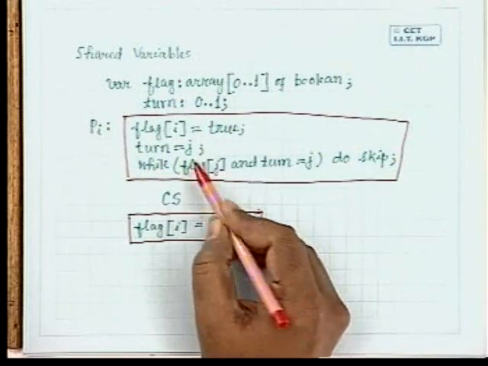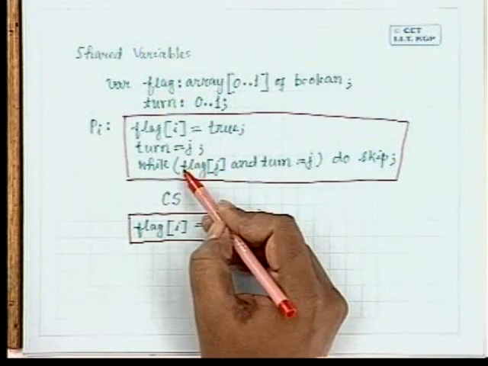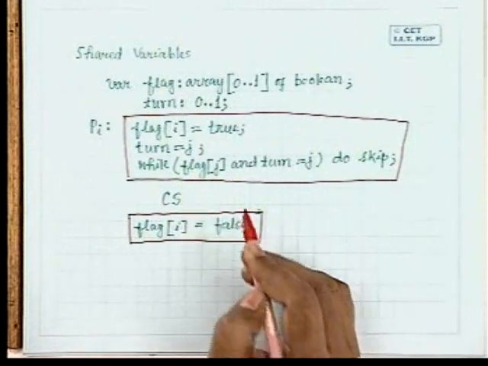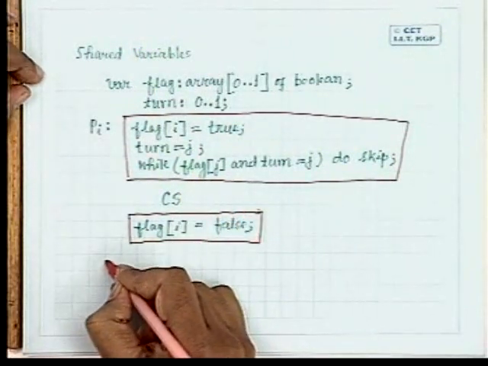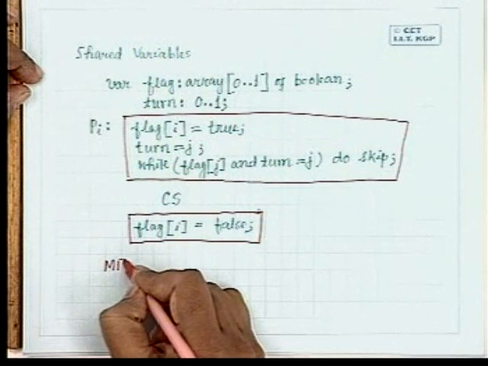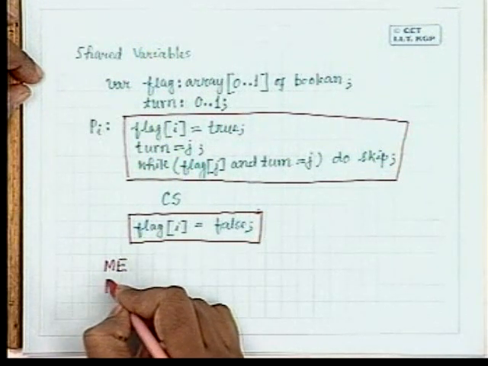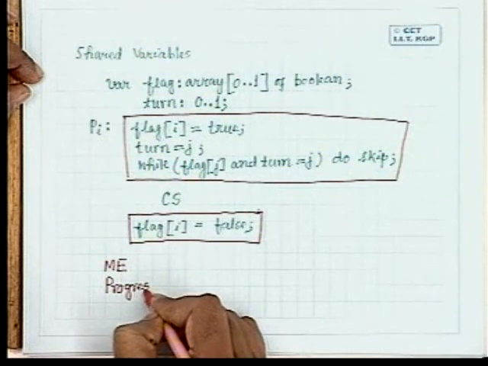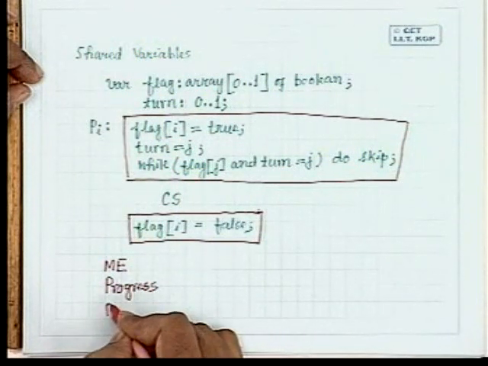So you find that if you follow this, you will see that this meets all the three requirements of the critical section problem, that is mutual exclusion, progress, and boundedness.